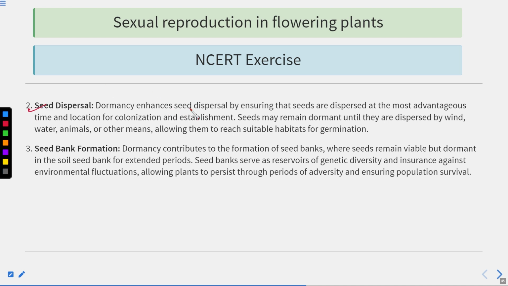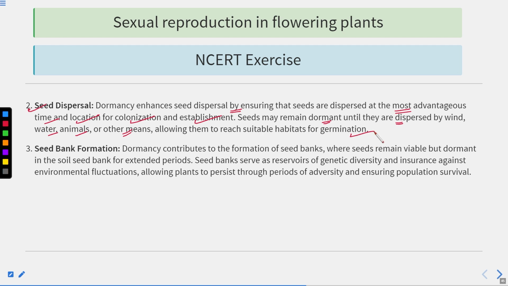Dormancy enhances the seed dispersal by ensuring that seeds are dispersed at the most advantageous time and location for colonization and establishment. Clear? Now seeds may remain dormant until they are dispersed by wind, water, animals or some other means, allowing them to reach suitable habitats for germination.